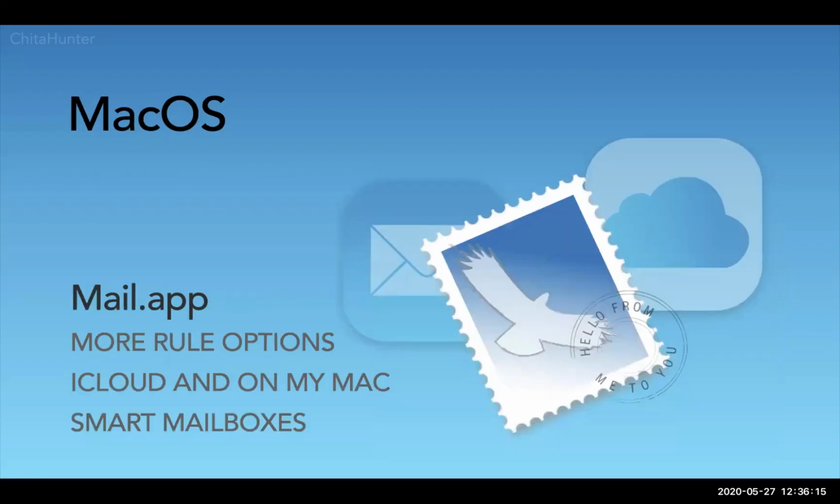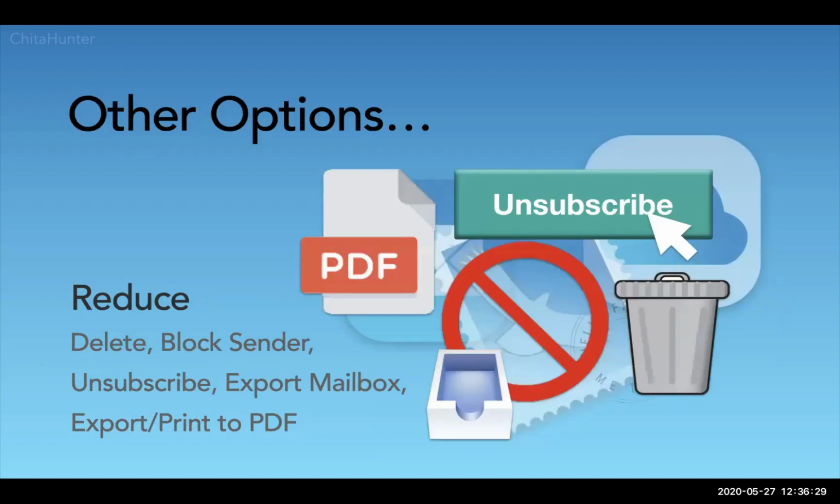I've gone over rule options in your Mail app for iCloud.com and on my Mac. I've gone through smart mailboxes and smart mailbox folders. So what are some of the other options that you have to reduce the amount of emails that are driving you crazy?